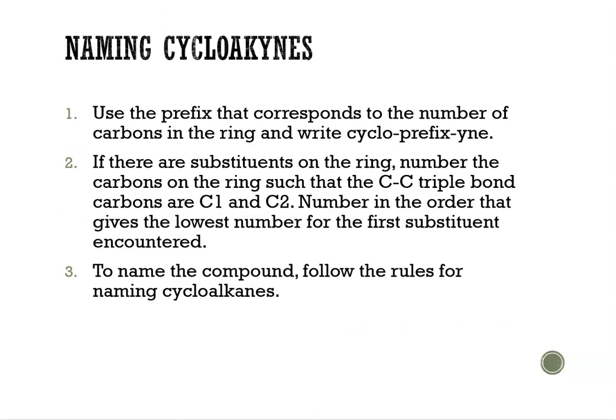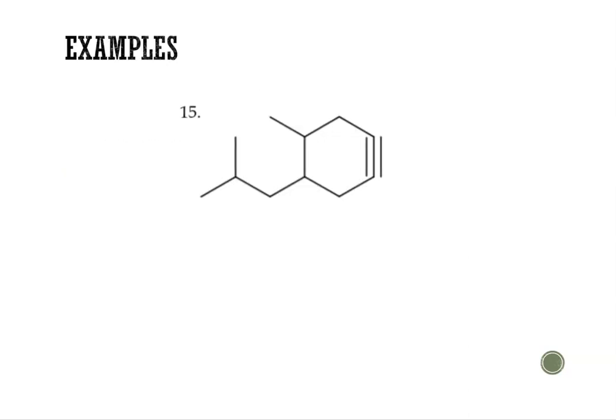All right, and then cycloalkynes, same thing as the cycloalkenes, except it's cycloalkyne and not cycloalkene. And then this is, again, super duper rare, not very often seen. So we have 1, 2, 3, 4, 1, 2, 3, 4.